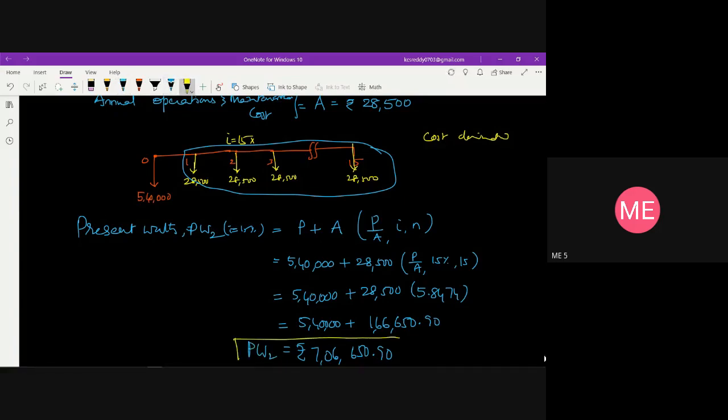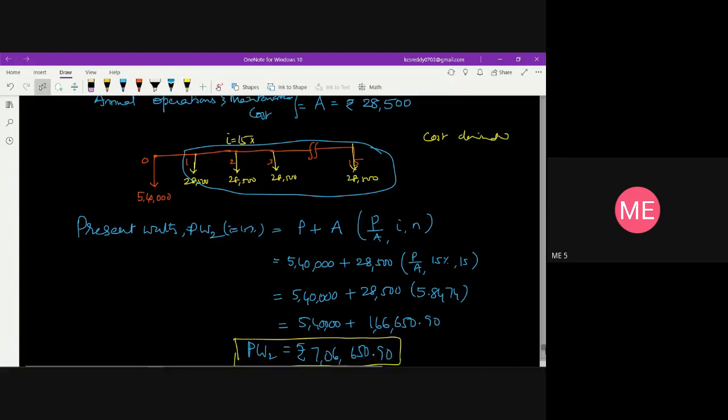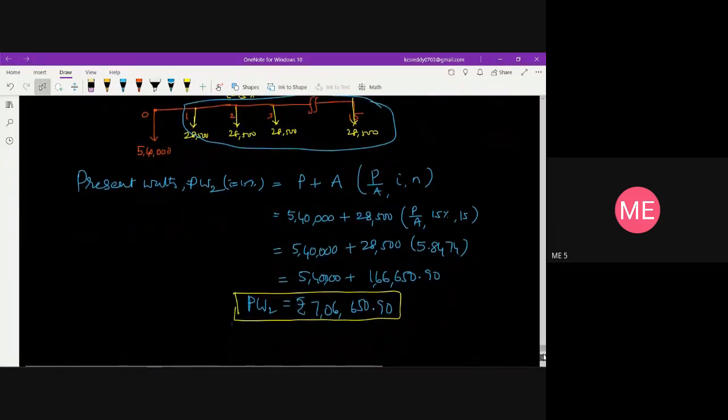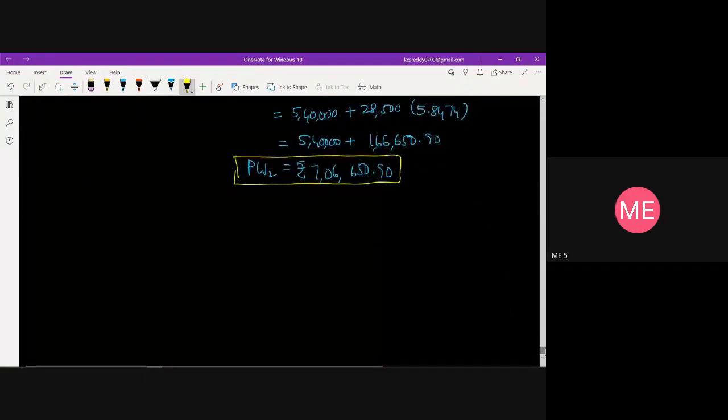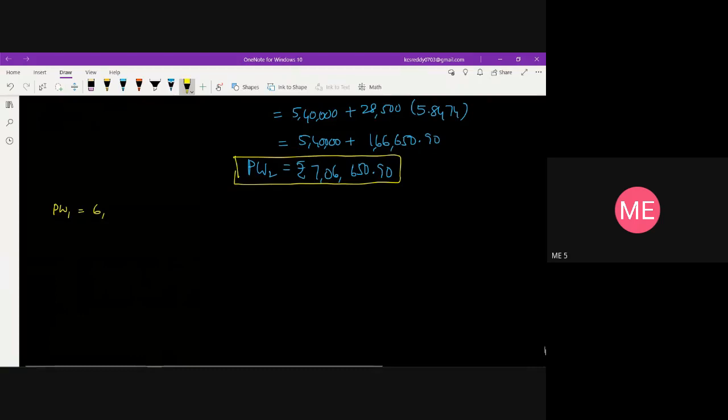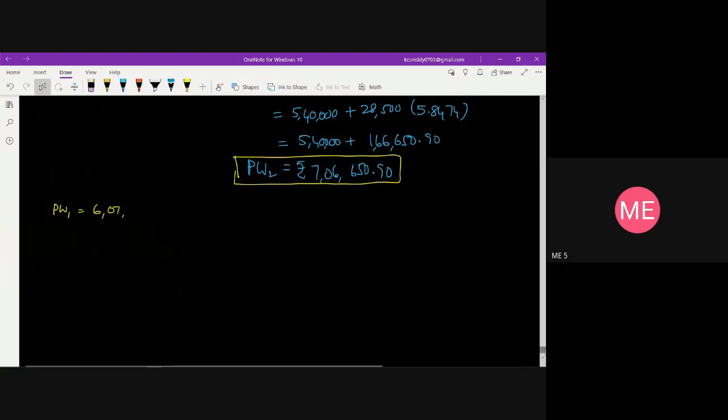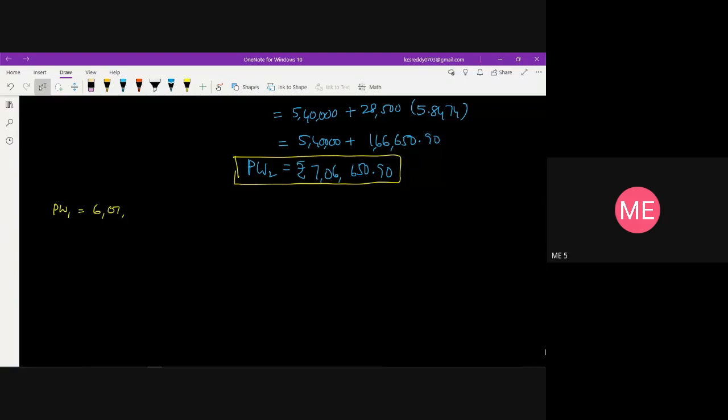Now I have two alternatives, so I have finished calculating the present worth. Present worth 1 is 6,07,879.80, and present worth 2 is rupees 7,06,650.90.